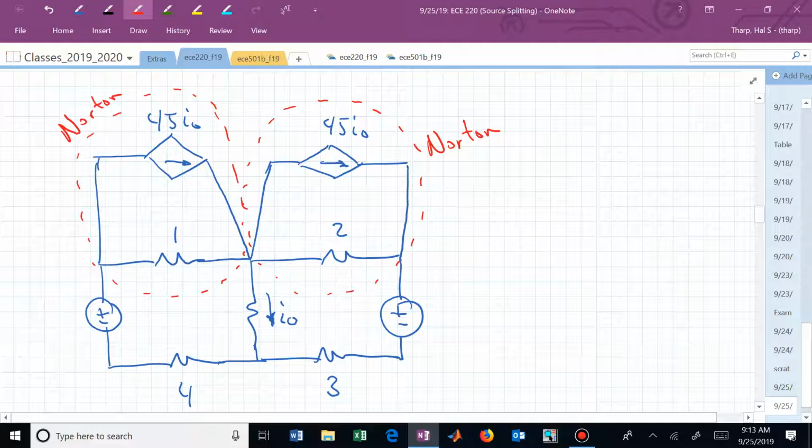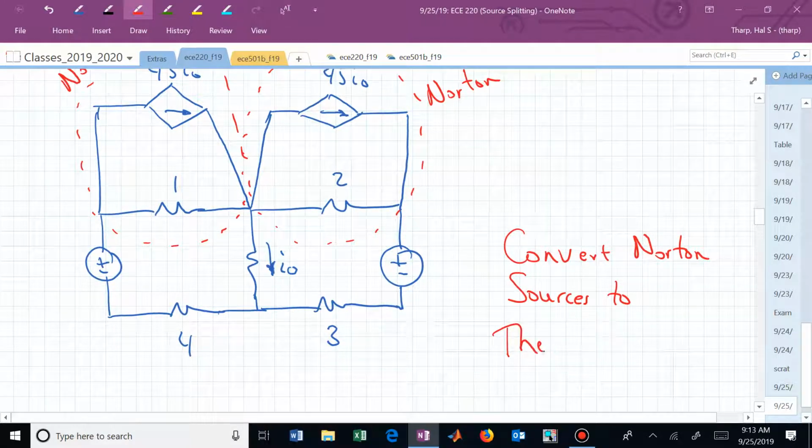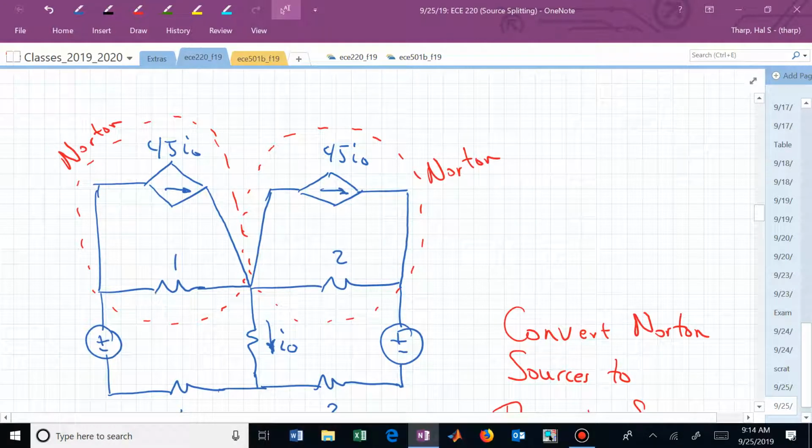Meaning, let me now convert these Nortons to Thevenin equivalents. Well, let me just say Thevenin sources. How do I do that?